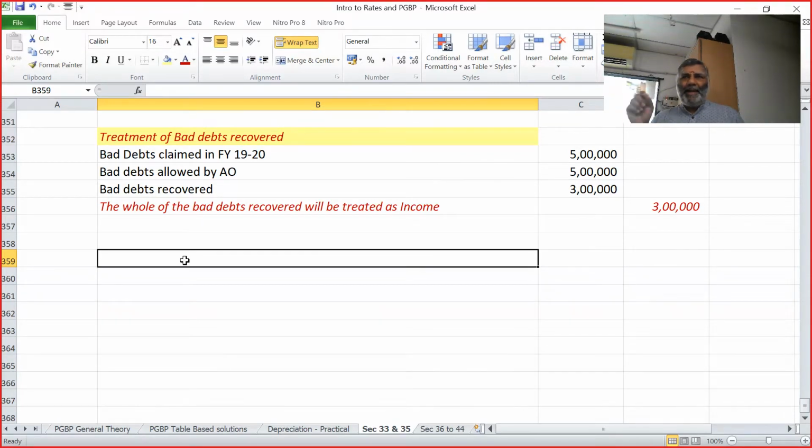So when I claim 5 lakhs, I am allowed 5 lakhs. Whatever I recover will be treated as income.